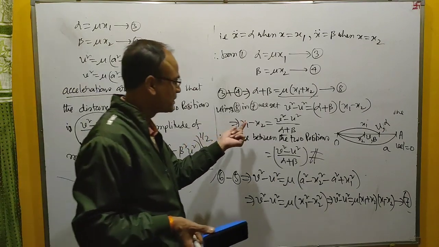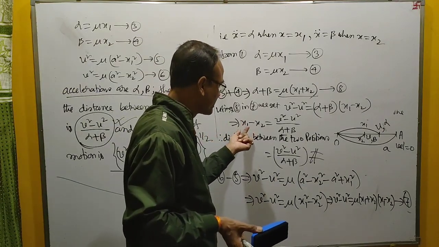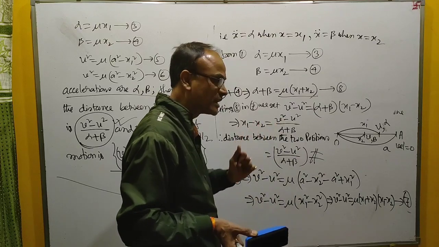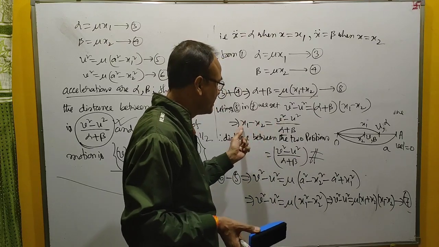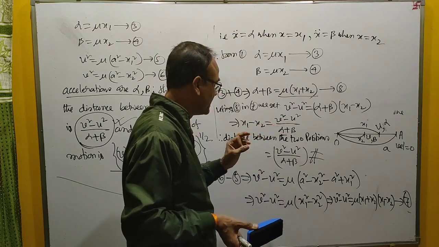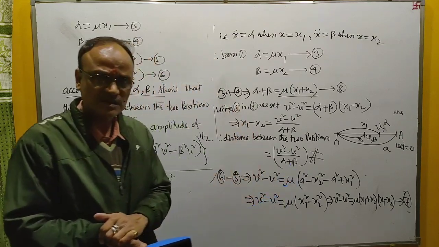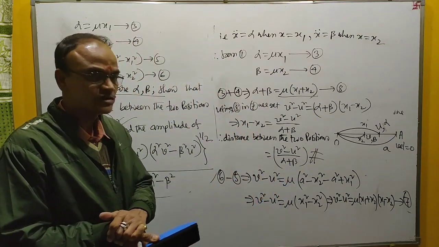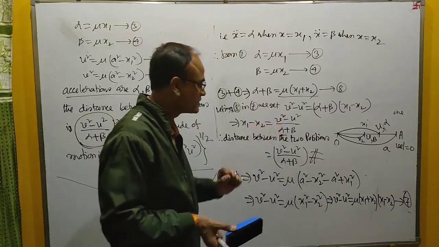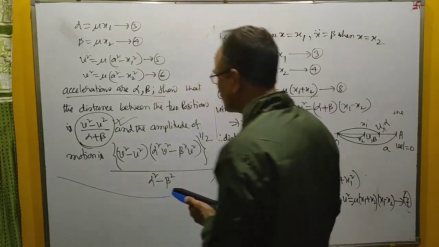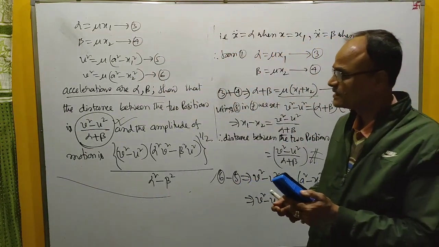Therefore, here you would get x2 minus x1 equal to this. It means the distance between the two positions will be equal to this. So there will be no problem if you write like that also.